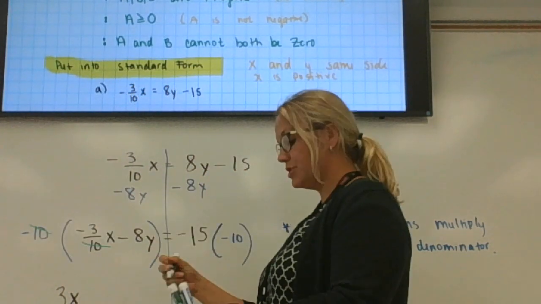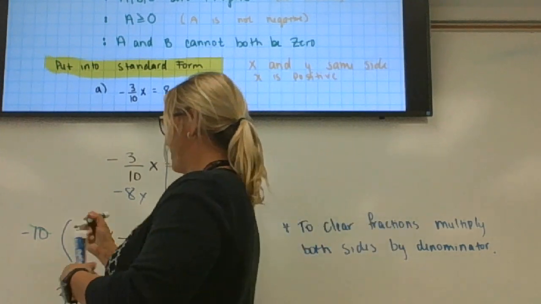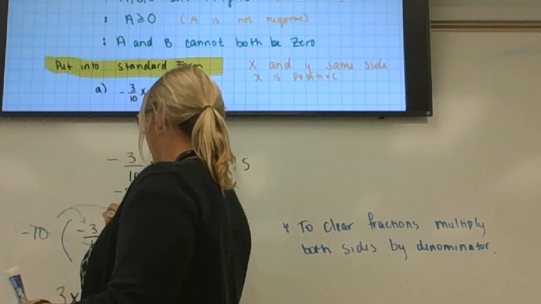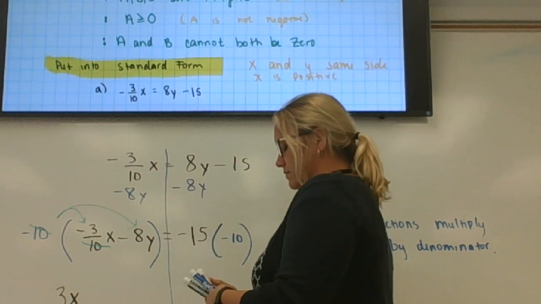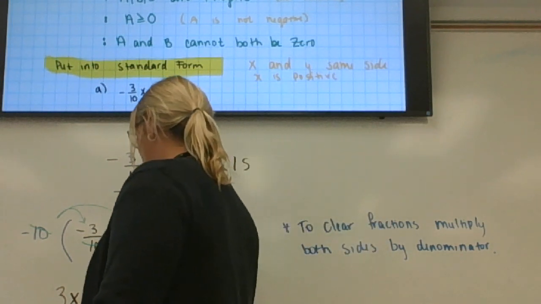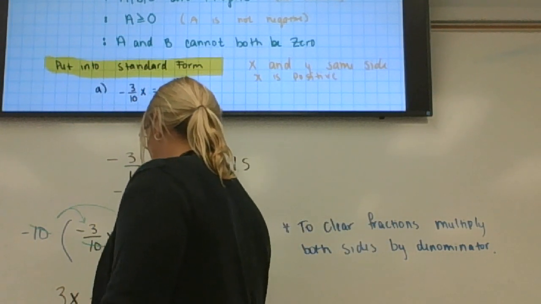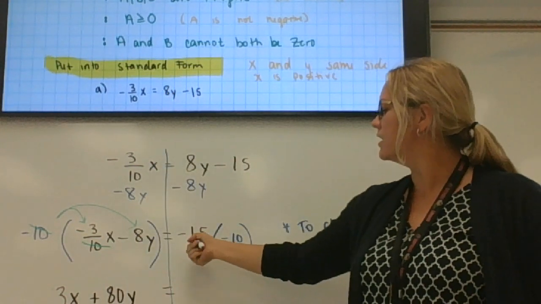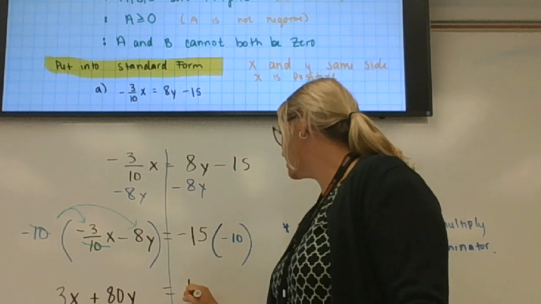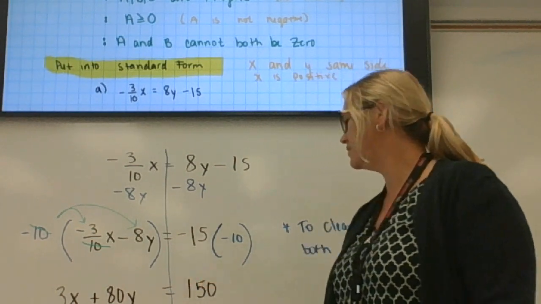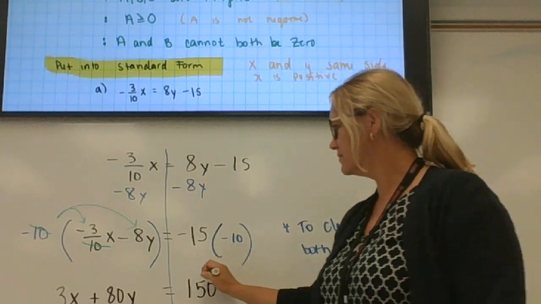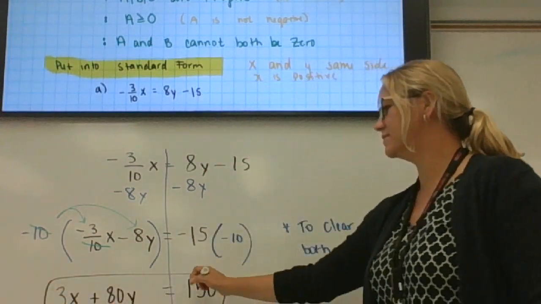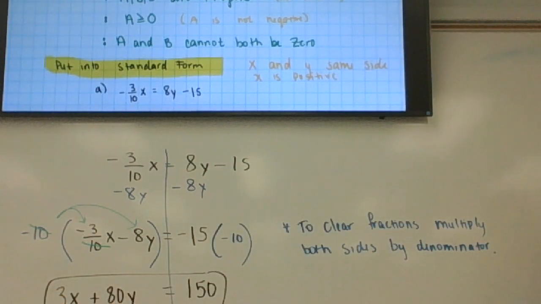Negative 10, I'm going to distribute it. Times negative 8 will make this positive 80. Equal sign, negative times a negative will be a positive. As long as 80 doesn't divide by 3, that's good.